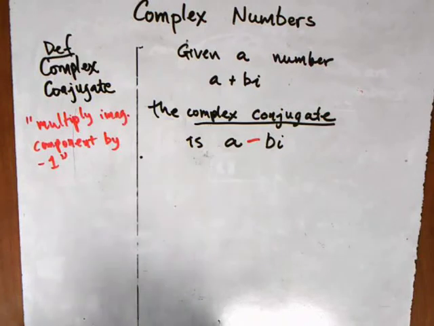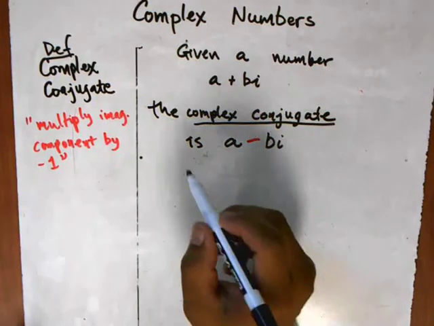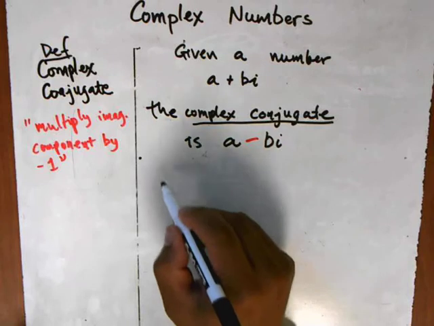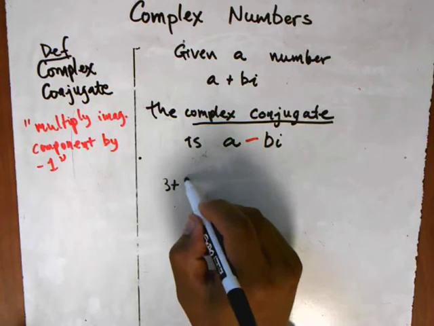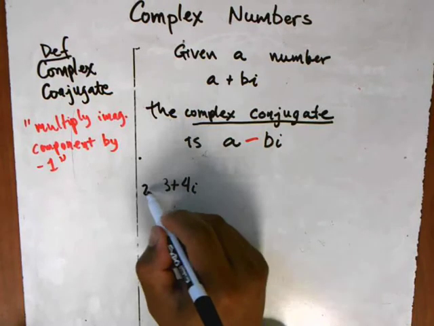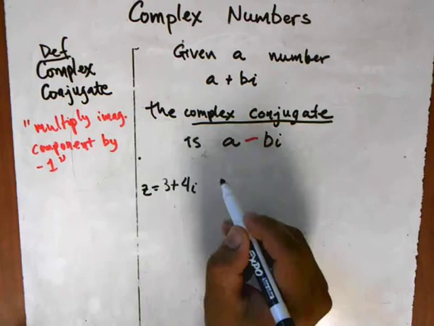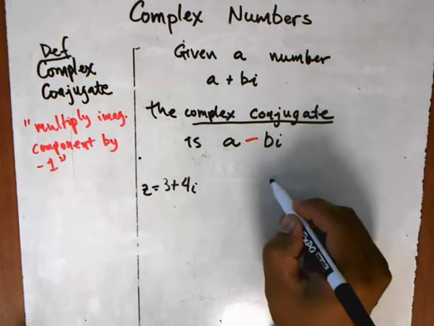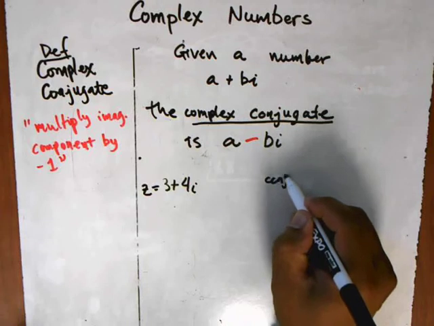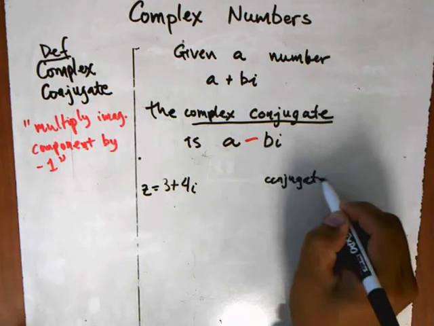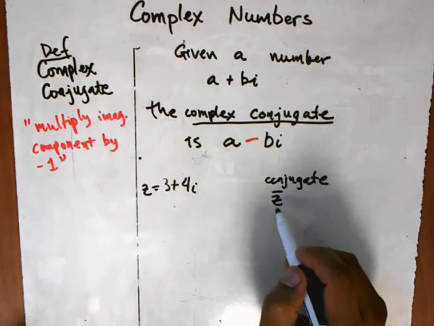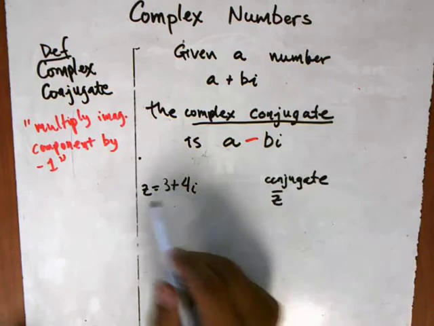So let's look at a few examples here. Let's say I have a number 3 plus 4i, and I'll call this number z. Okay, let's say z equals 3 plus 4i. Well, the conjugate z bar, this is pronounced z bar, and this is just a notation for the conjugate of z.